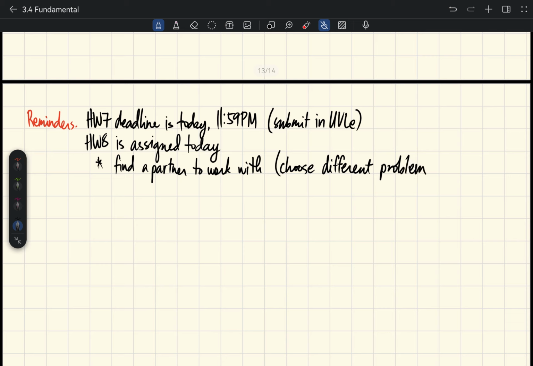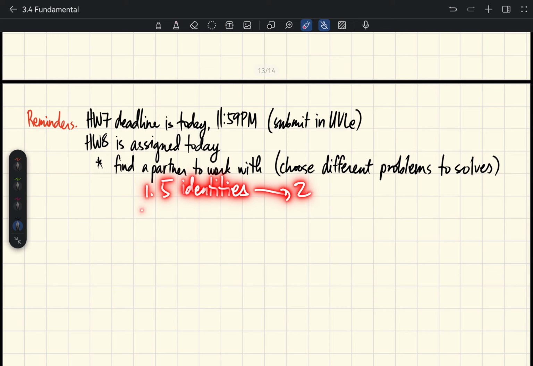If you will look at that homework, for number 1, there are 5 identities, and I'm making you choose 2. Then for number 2, there are 9 identities. I'm only letting you choose 3. Then for number 3, there are 3 problems.